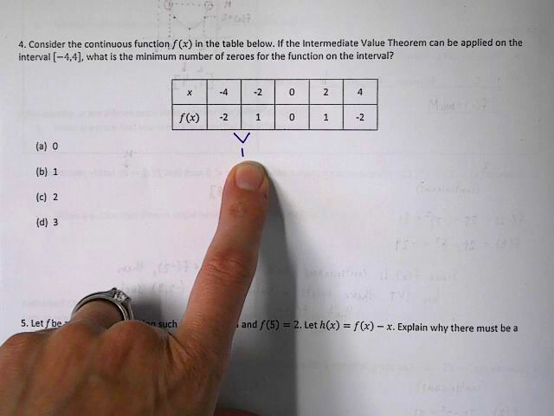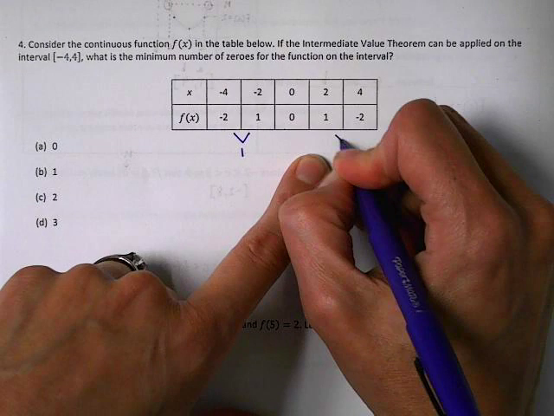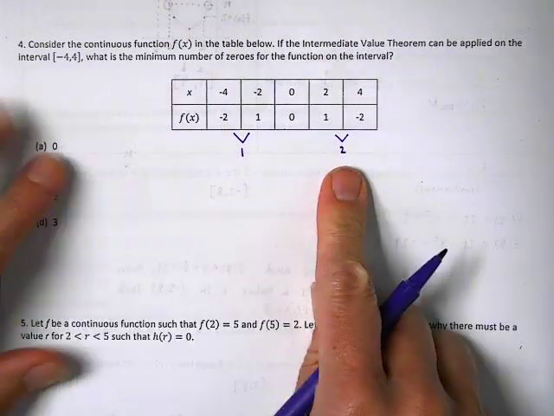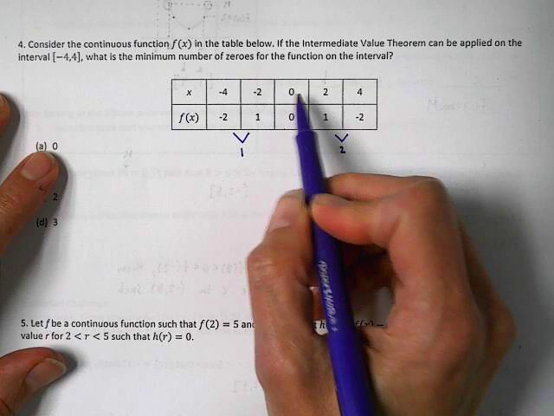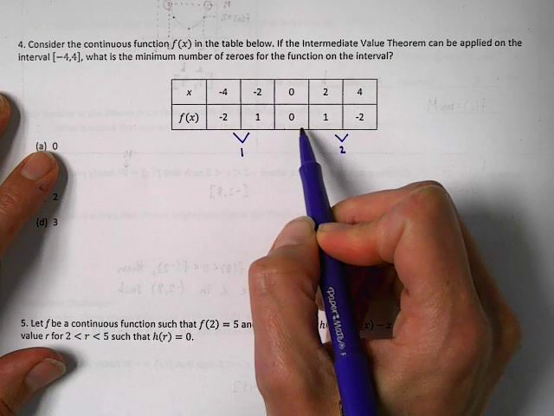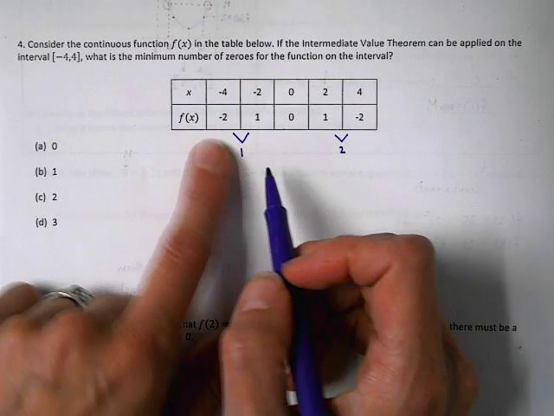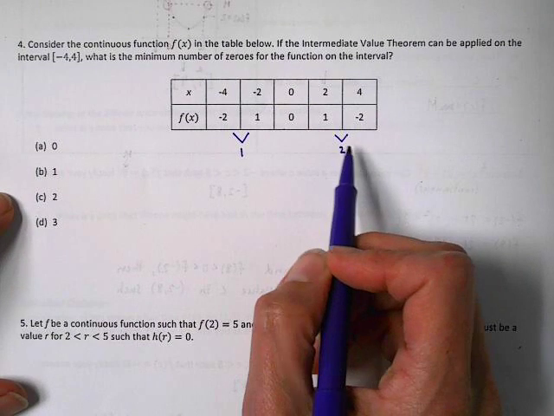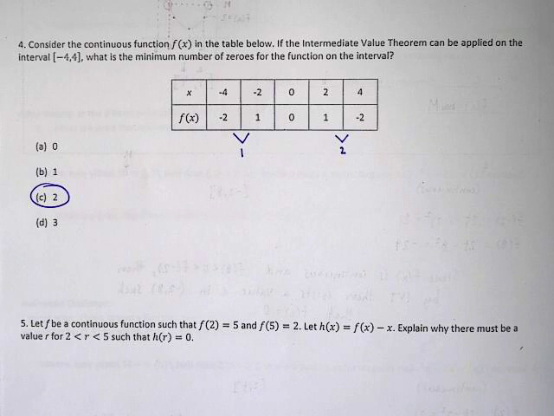So if I look here, again, to go from 1 to -2, I have to cross 0. Now, I don't really know what's happening in between 0 and 2. It's possible that I've crossed the x-axis more than once, but I can't guarantee that. So looking here by these sign changes, I can only guarantee that I have a minimum of 2 zeros based on that data.